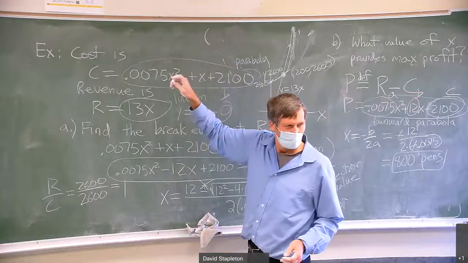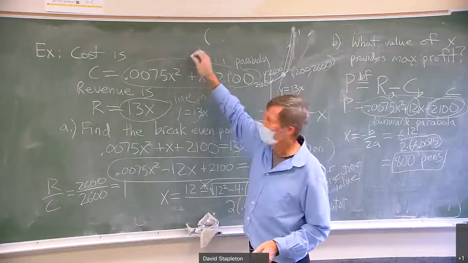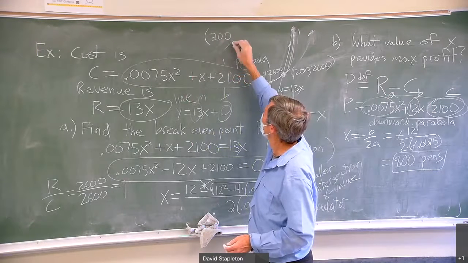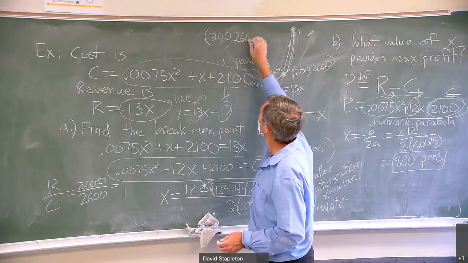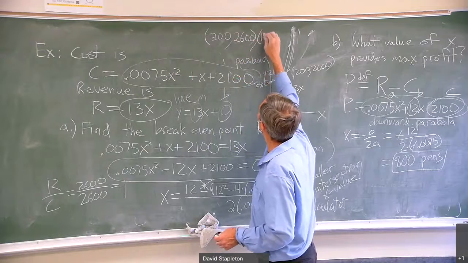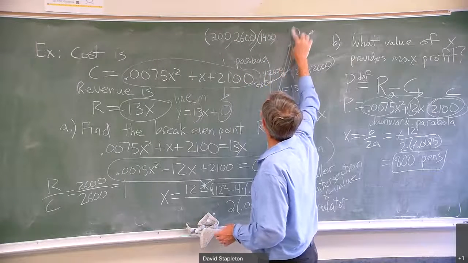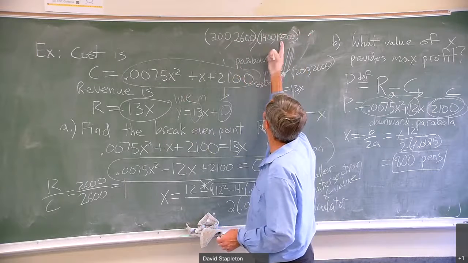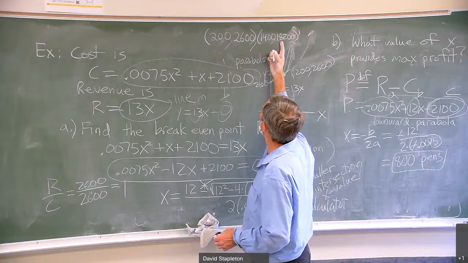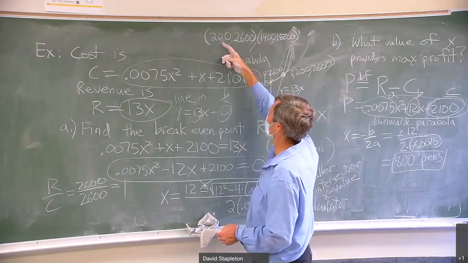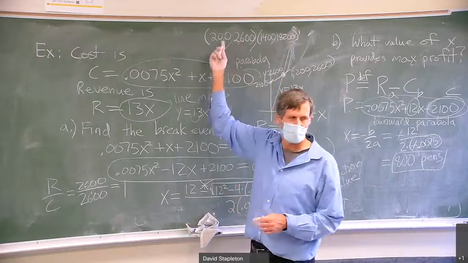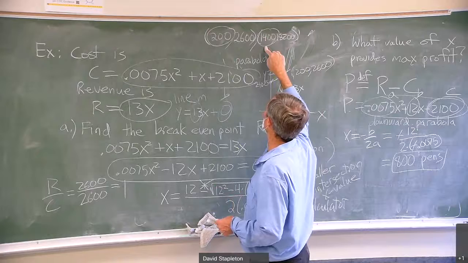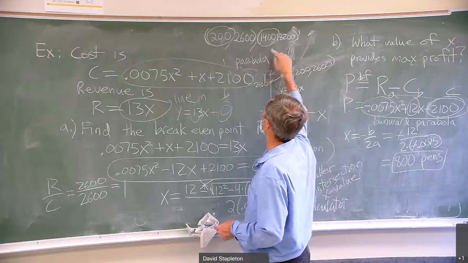I got 200 and then 2,600, and then the other one was 1,400 and 18,200. You just plug them into the 13x. So put both, the break even and the second point in. Okay, so this is where you first break even, and this is where you start to lose money. So this is what they want.